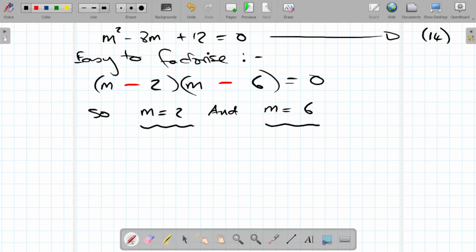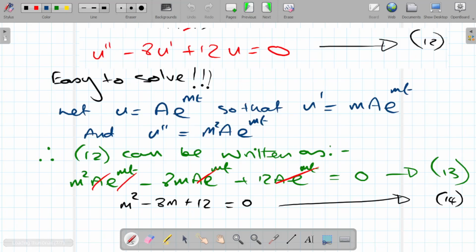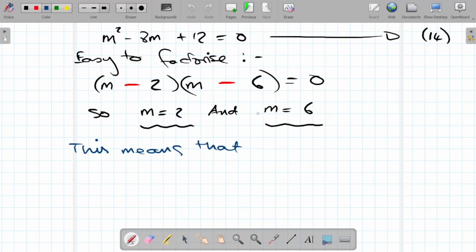So those are the roots. This means that, and we have to go back to equation 12, a general solution to equation 12, did I say that was equation 12?